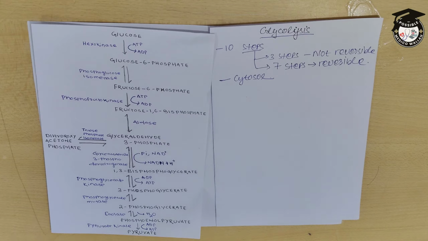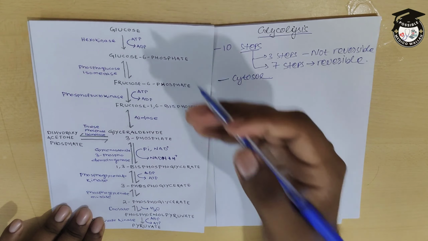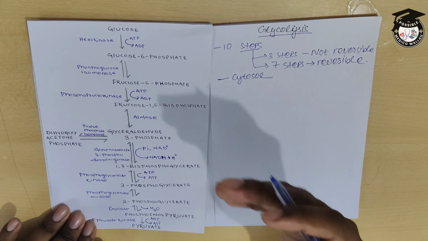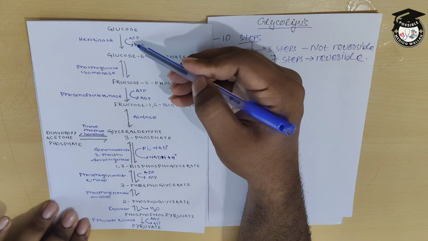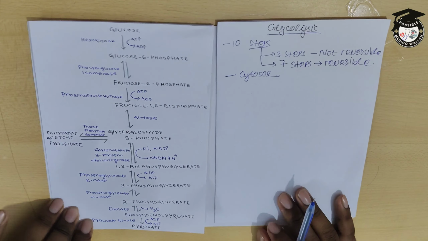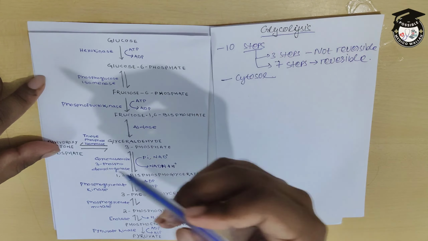This is the pathway. This is the first step, glucose to glucose 6-phosphate. This is one of the 3 irreversible steps.